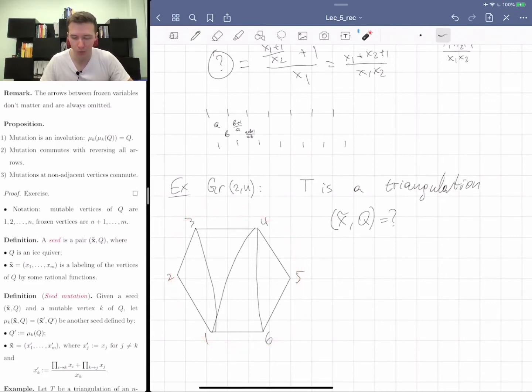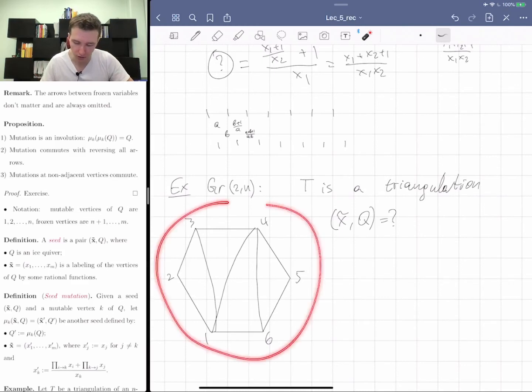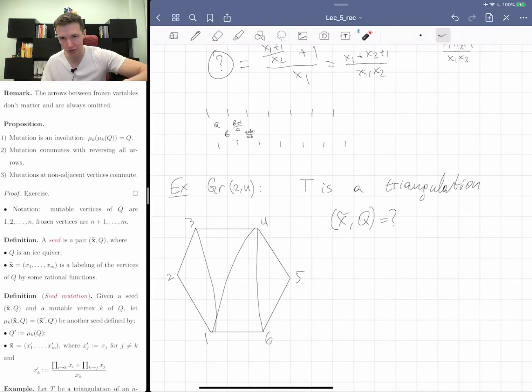The condition is that when you flip a triangulation, that's supposed to correspond to quiver mutation, algebraically and combinatorially. So there's a certain rule you assign that produces a quiver out of a triangulation, such that as you flip an edge in a triangulation, the quiver gets mutated in the cluster algebraic sense. I'm just going to explain that slowly.